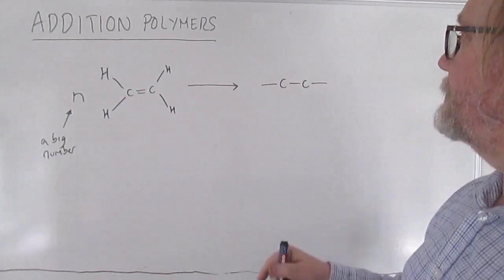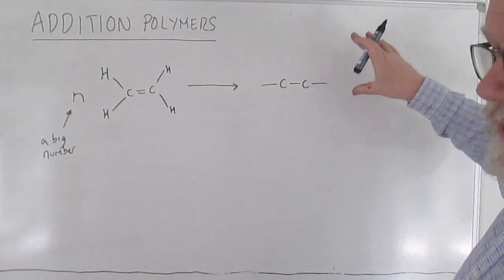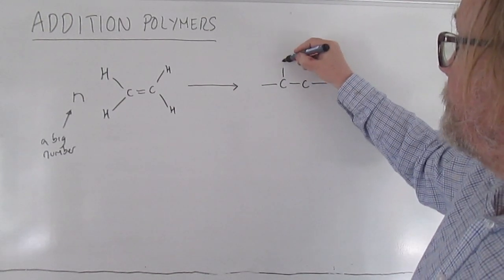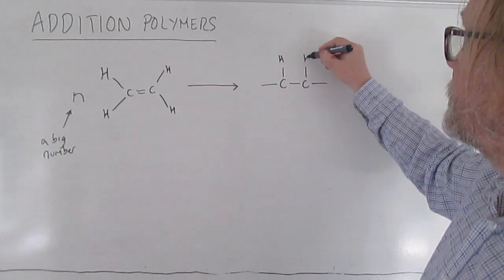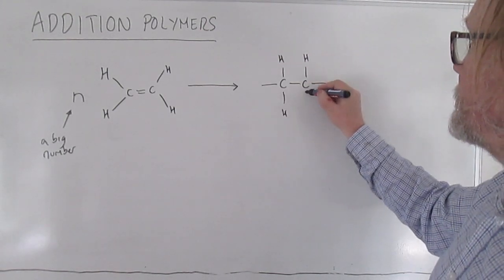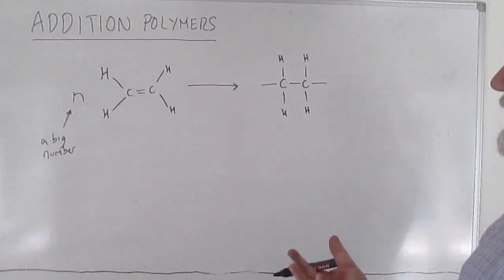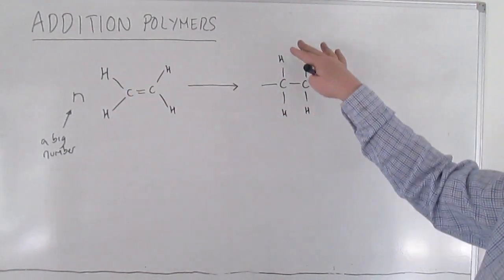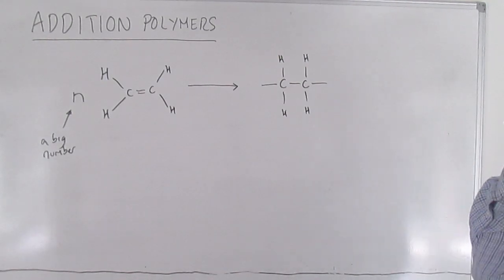These are the ones that weren't there before, and these will link onto the next unit that's added on each time. Meanwhile, the 4 hydrogens that were on the corners there are still there, because it's an addition reaction, nothing is lost, so whatever goes on these 4 corners, in this case 4 hydrogens, will still be there.